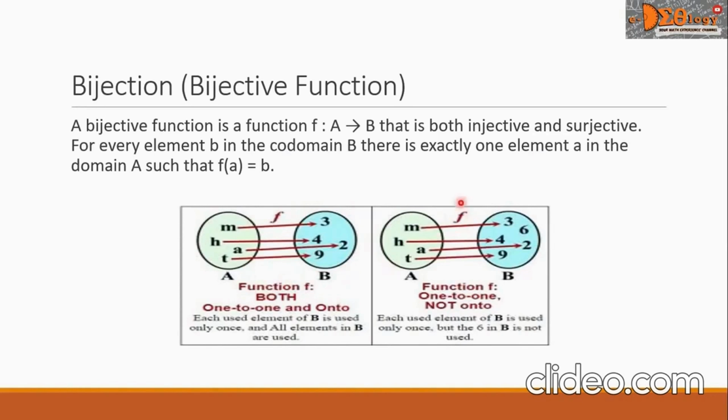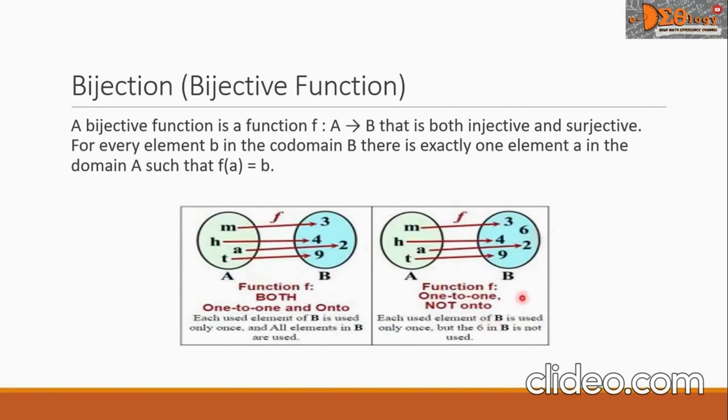For the second example, this function is 1-to-1 because each used element of group B is used only once. But this is not an onto function because the number 6 is not used.